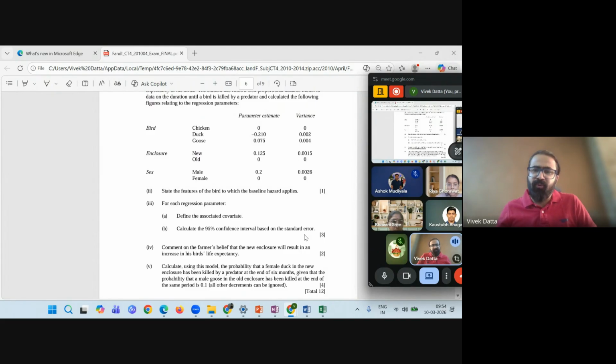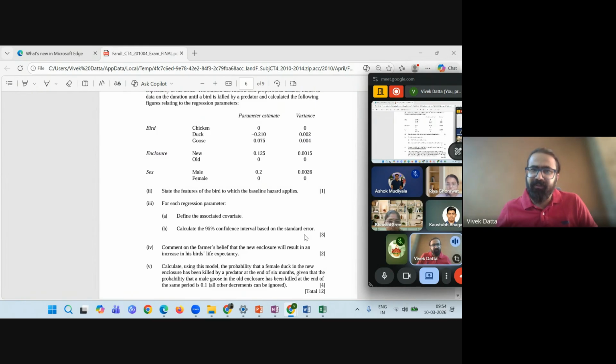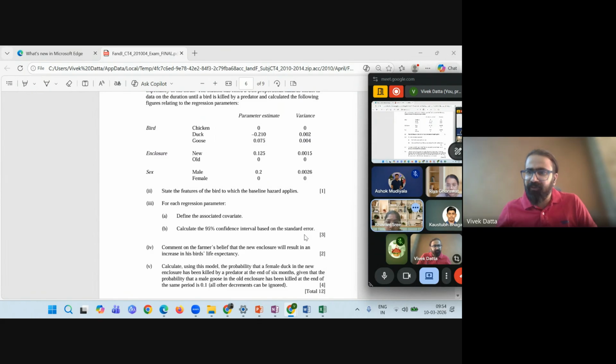Minus 0.210. Okay, clear? And for geese? It is 0.075. Clear? How you're getting betas and Zs?